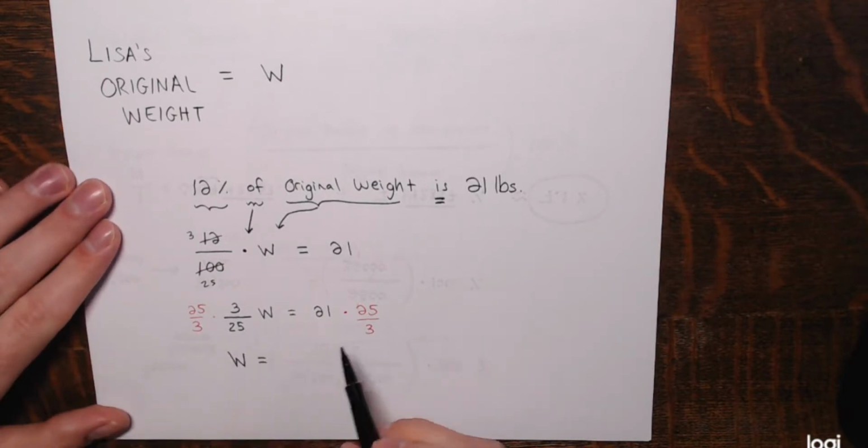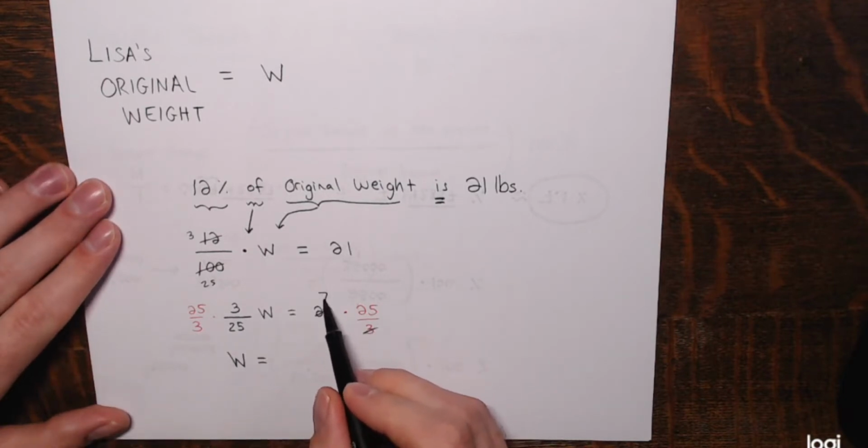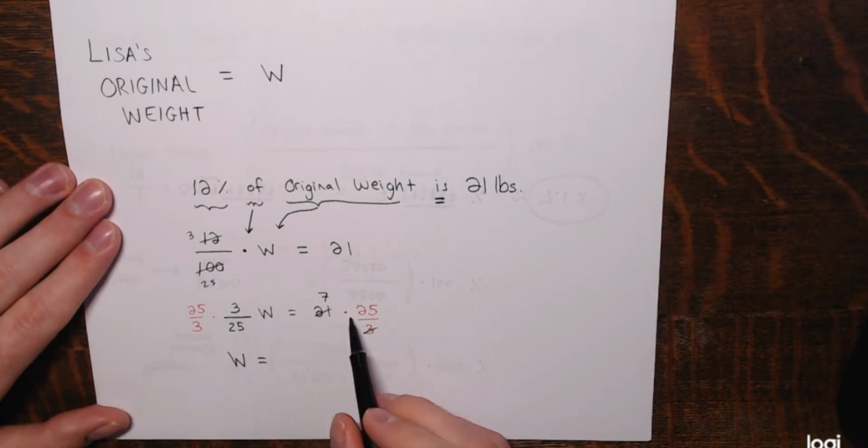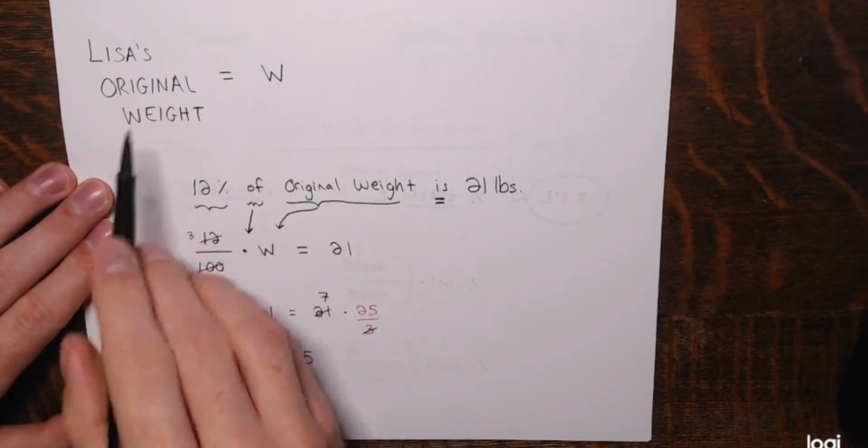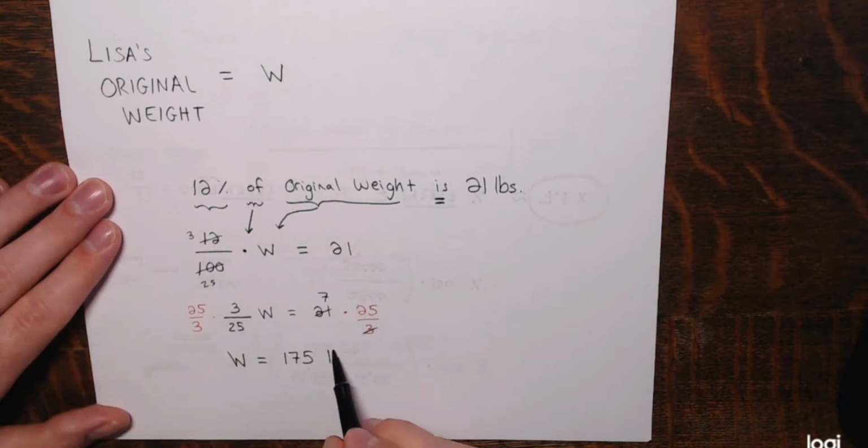Now 3 goes into 21 7 times, and 7 times 25 is 175, that's 140 plus 35. And there's W, which represents Lisa's original weight. The units were in pounds, lbs. And there you go, that's the answer to our question.